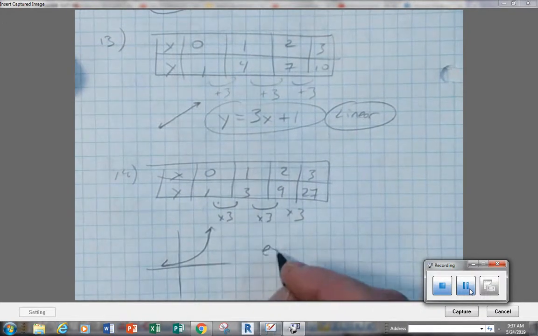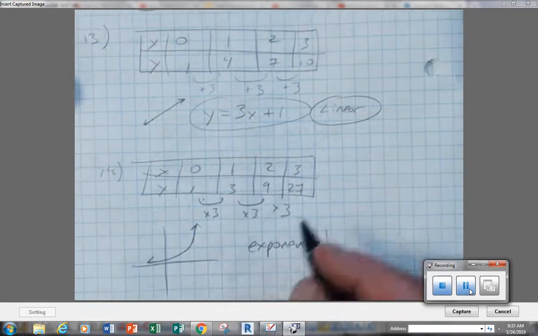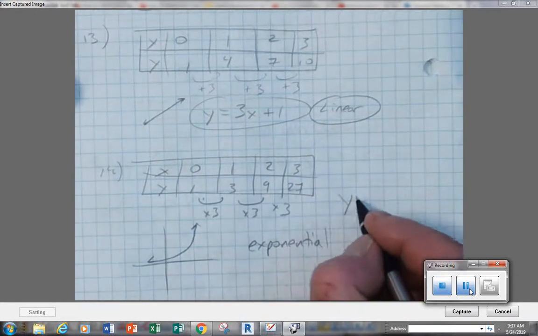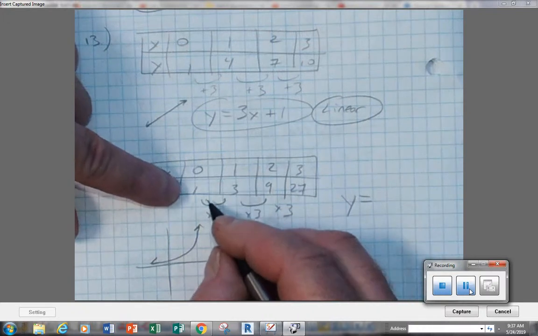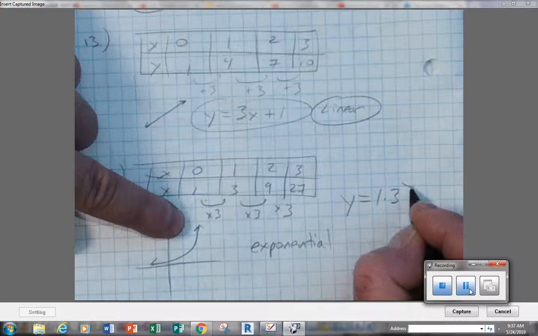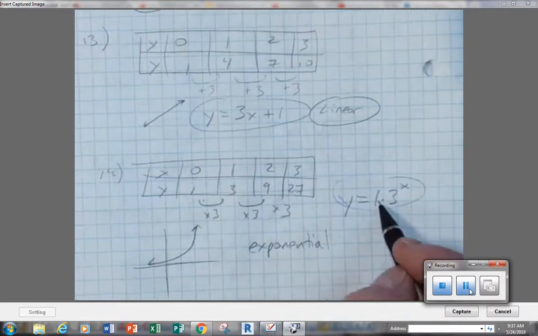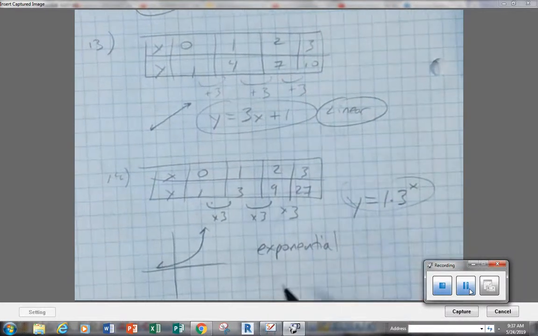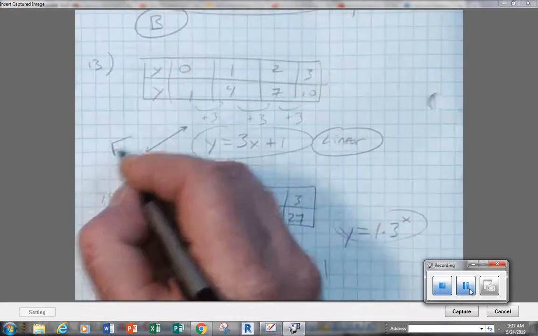Exponential. Which means this equation, a little bit more weird, would be y equals, and we'll say the 0 term, we'll say 1 times 3 to the x power. A little bit more weird, but don't worry about that. You'll see more of that in Math 1. Exponential, so that would be g, where 13 linear is f.